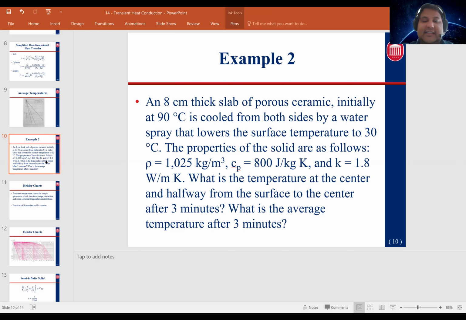What is the temperature at the center of the slab and halfway from the surface to the center after 3 minutes? And also, if we can, what's the average temperature of the material after 3 minutes? So go ahead and write some of this stuff down. We'll get started. I'm not sure how far we'll get on this one, but we'll give it a try.